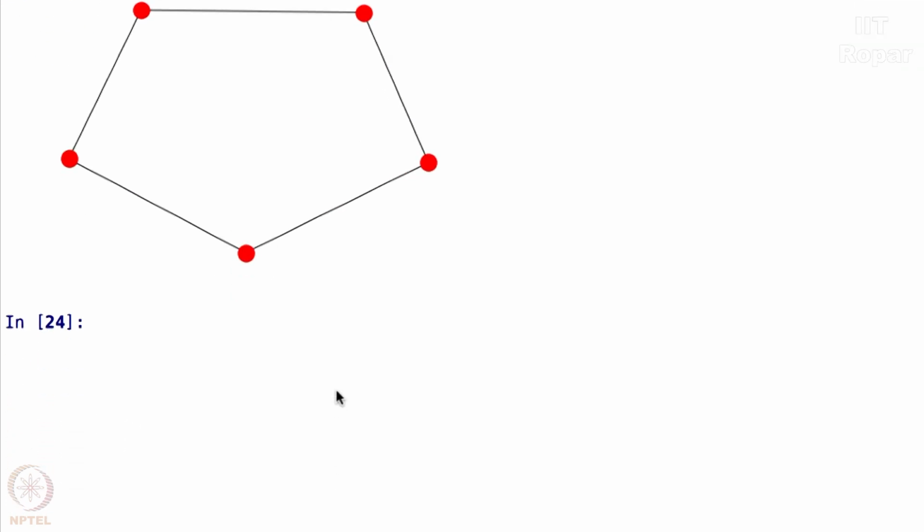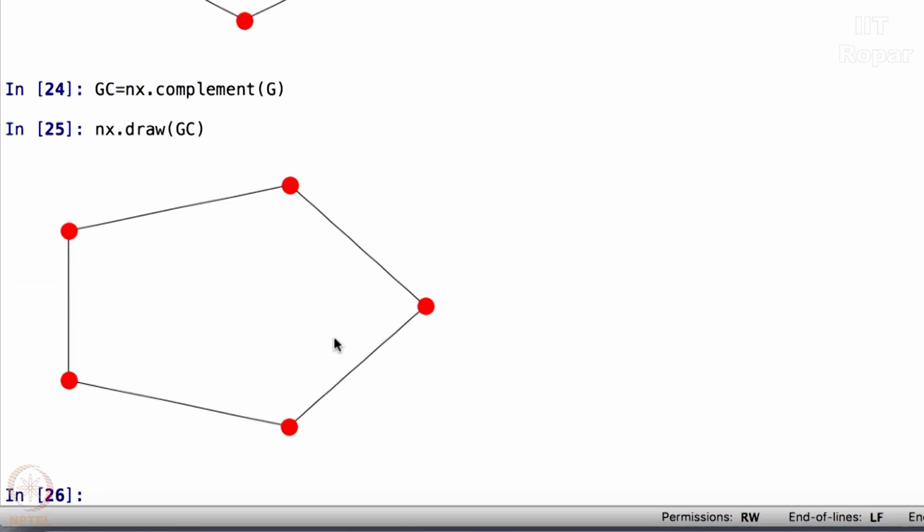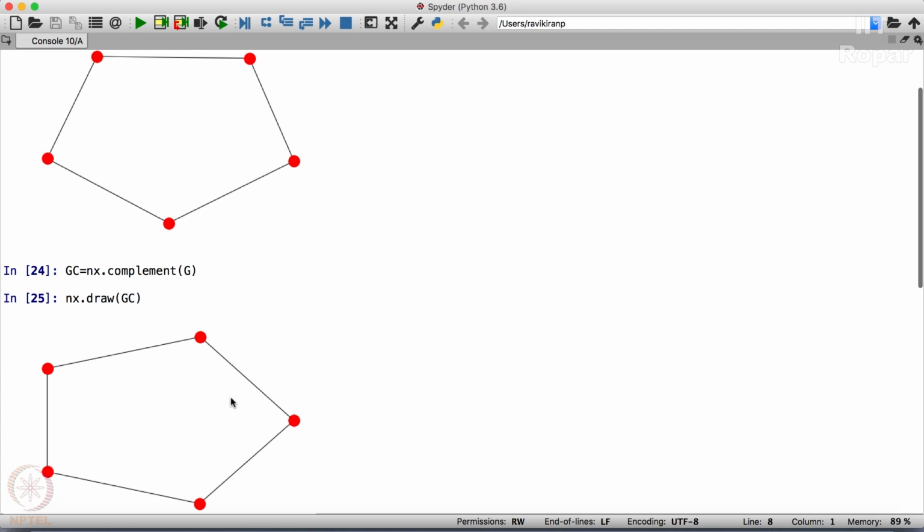Now, I'm going to take GC as nx.complement of G. Now, I'm going to draw GC. Do you see? I have obtained the complement of G, which was a cycle, as again a cycle.